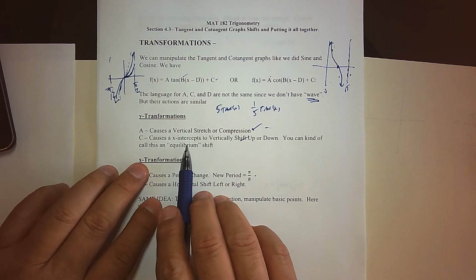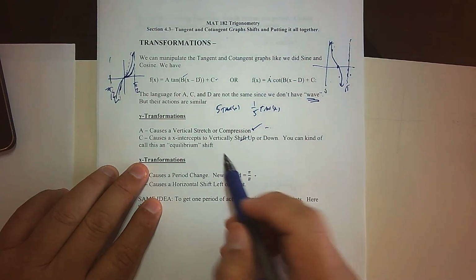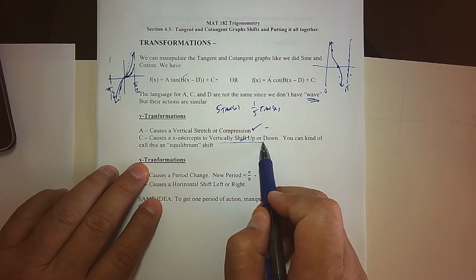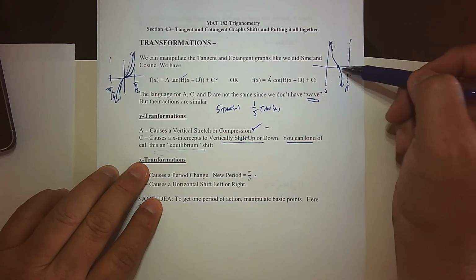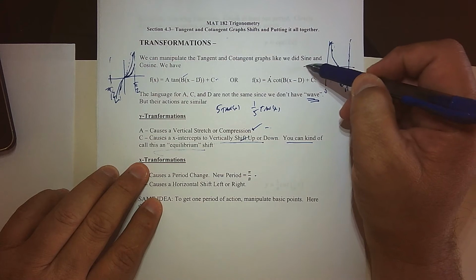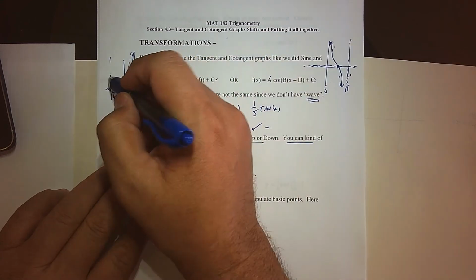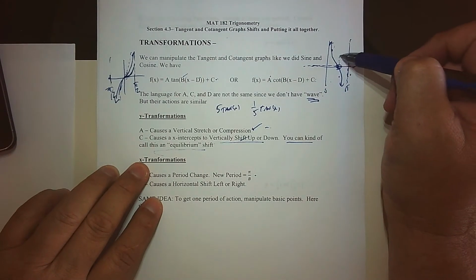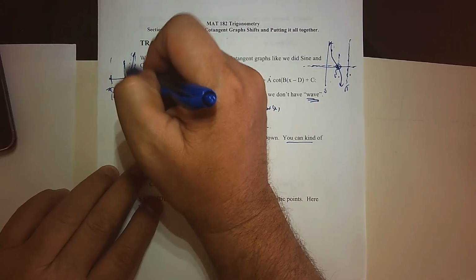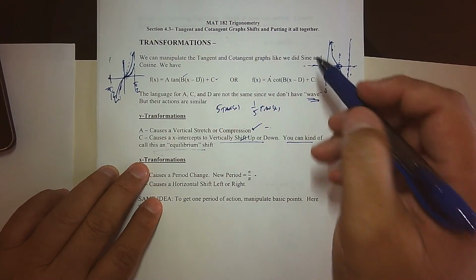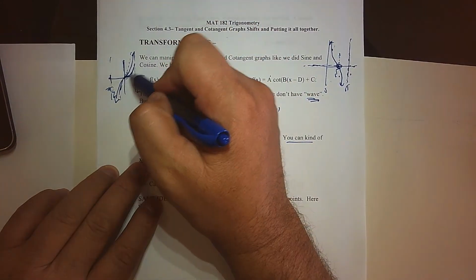C, that one's a little easier to do because what's going to happen is we shift things up or down, right? If we did think of the equilibrium being along the x-axis, if we shift this up and down, that x-intercept is going to shift up or down. So we can kind of almost see where that S shape starts to occur, right?